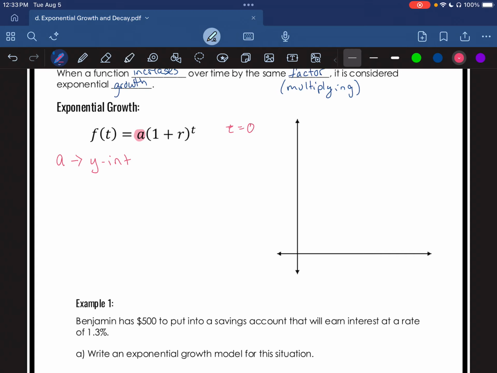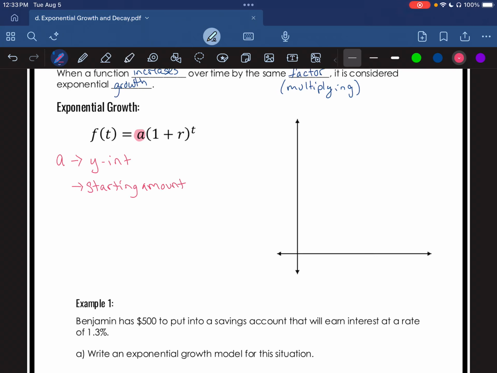So if we're talking about this as a function of time, when time is 0, like we haven't had any days or weeks or months pass yet, that's going to tell us the output that corresponds with it, which will be known as our starting amount. Since we are not dealing with negative time.